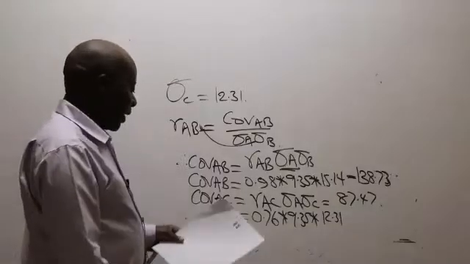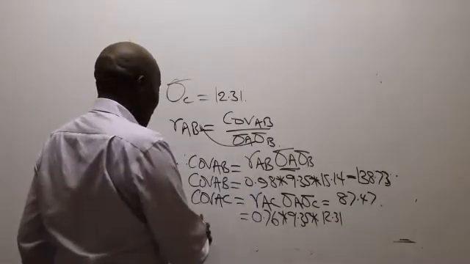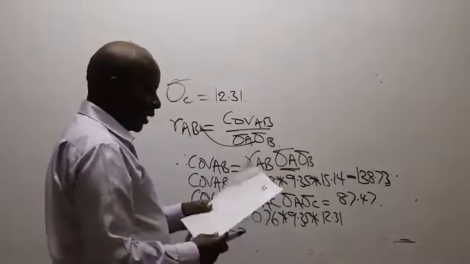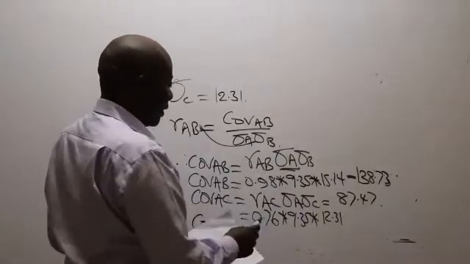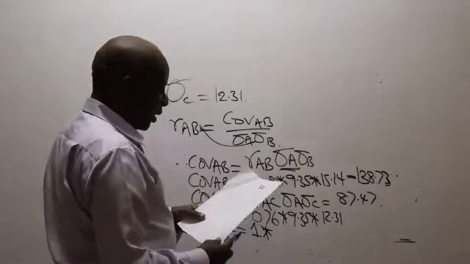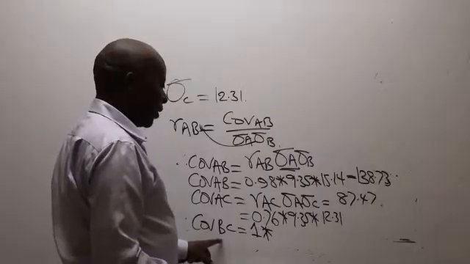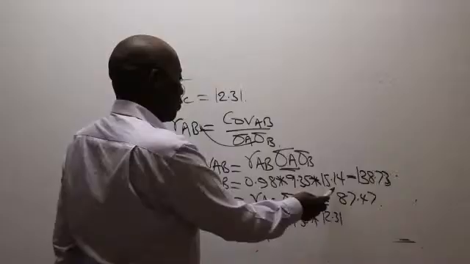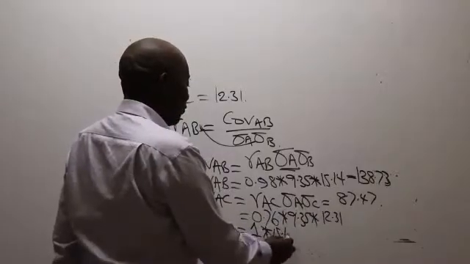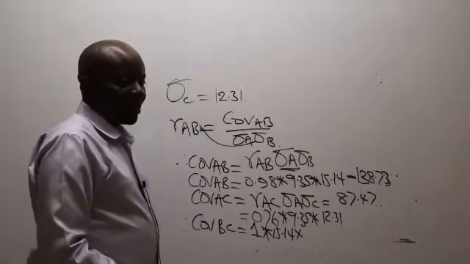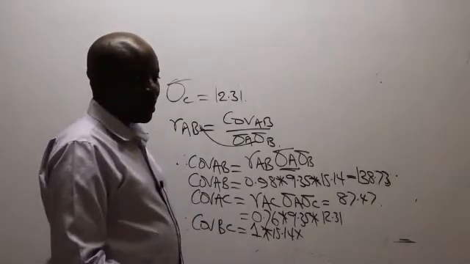Great. So the last one is the covariance BC. I'll just take it direct. I'll take the correlation of +1 times the standard deviation of B, which you gave me somewhere, 15.14, times the standard deviation of C, which I've forgotten.